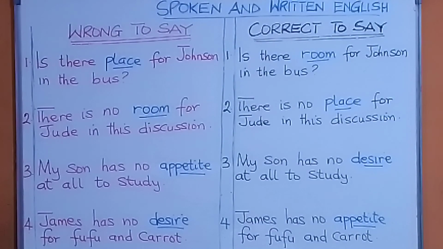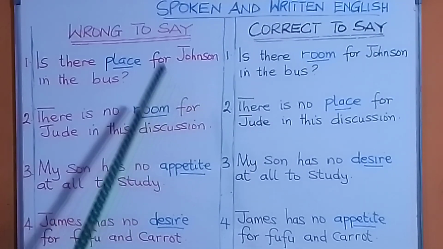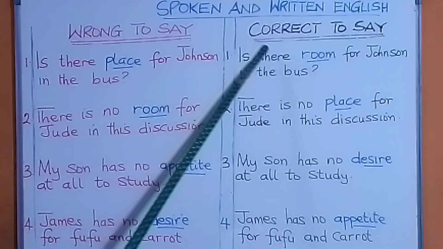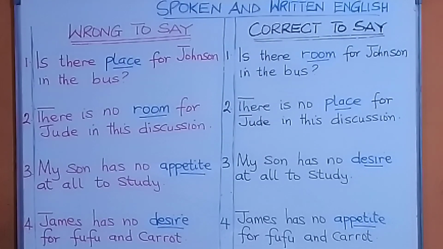Now before we look at the examples on the board, we are going to explain two things. Here, in this lesson, we don't use place for room. Therefore, place cannot be used in the sense of room.